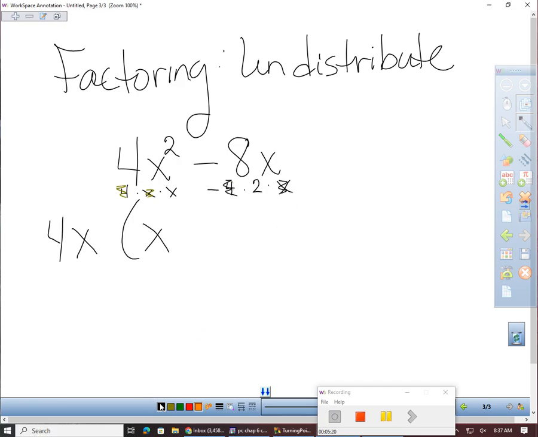So what am I going to be left with? Yeah, minus 2. So you can see if I went ahead and distributed back in, I should be back to there, right? 4x times x would give me 4x squared. 4x times negative 2 would give me negative 8x. All right. There's example number 3.